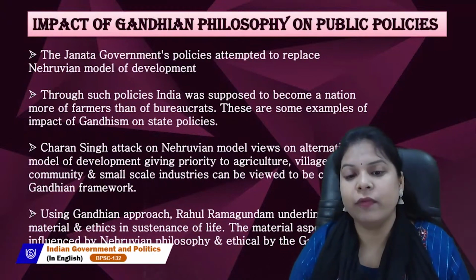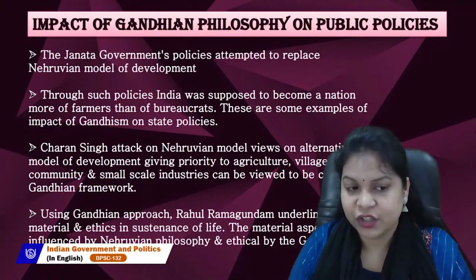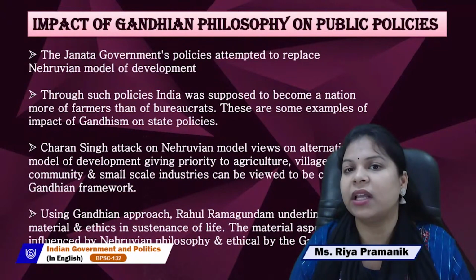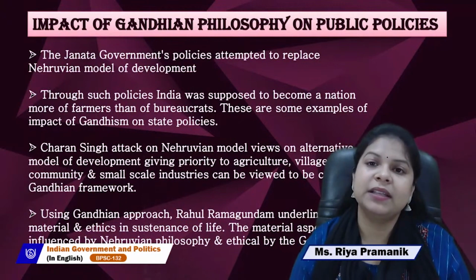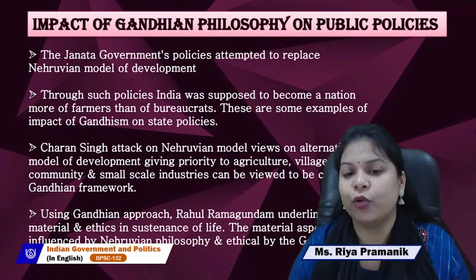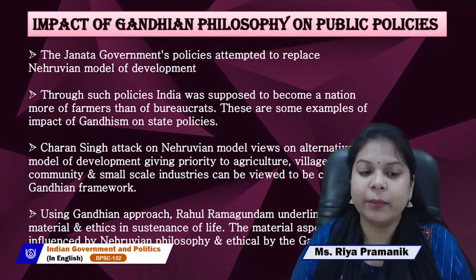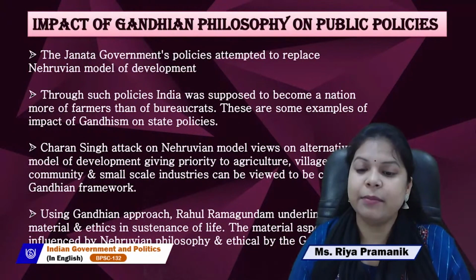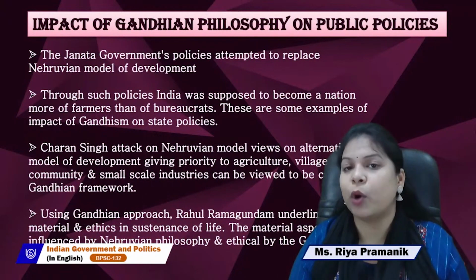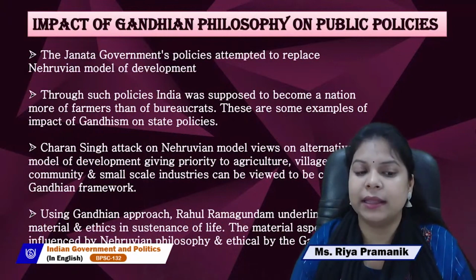Charan Singh attacked the Nehruvian model and had views on an alternative model of development, giving priority to agriculture, village community and small scale industries. Basically the Nehruvian model talks about industries, factories, modernization and new technologies, whereas Charan Singh attacked this model and wanted to give priority to agriculture, village community and small scale industries, which can be viewed as cast in a Gandhian framework. Because Gandhi talks about village industries and small scale industries, we can see this change from the Nehruvian model to the Gandhian framework.